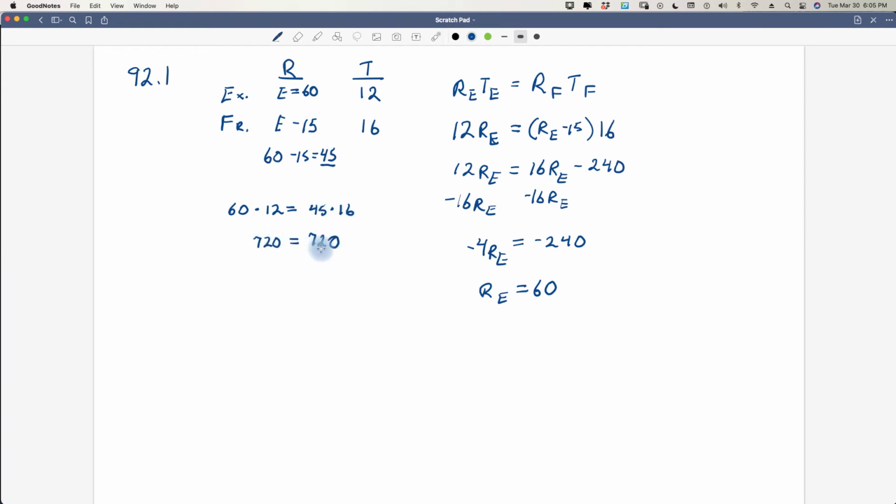Distance equals distance. So that is correct, and we know that the distance was 720 kilometers. Okay? You see how we solved that? Very good.